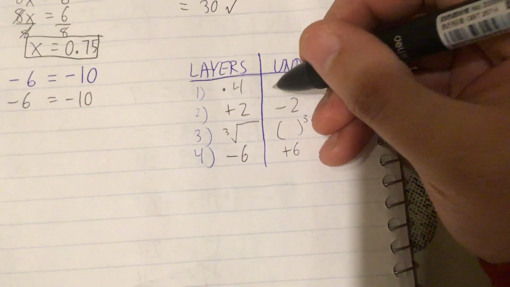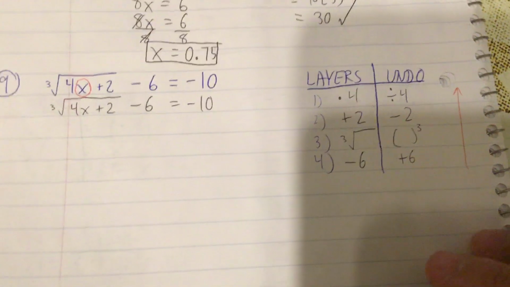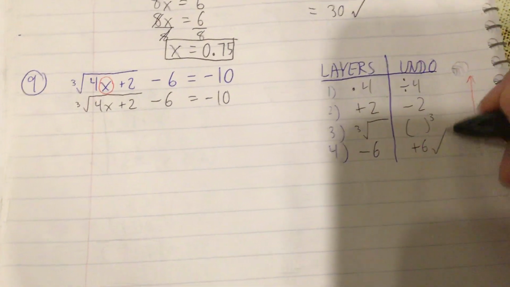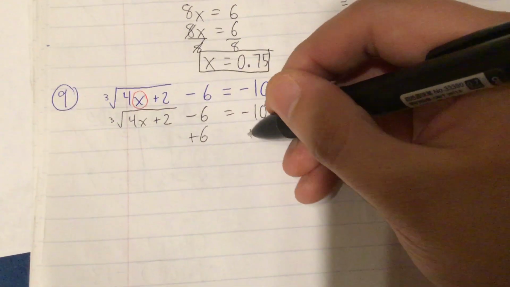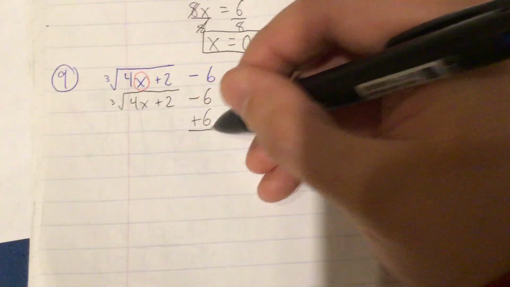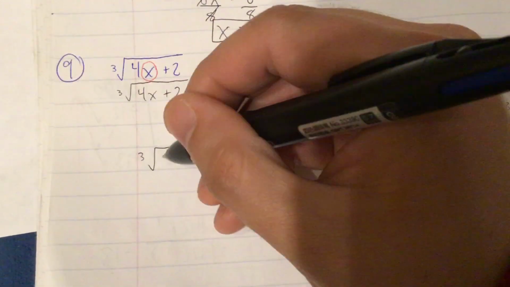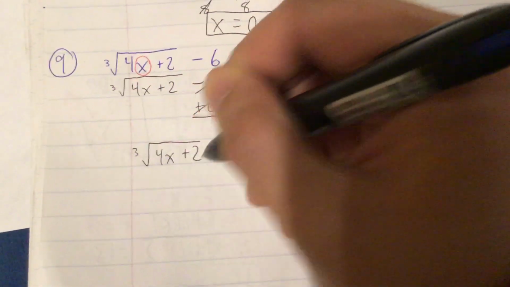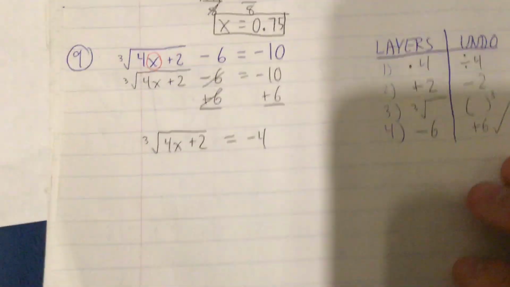Minus 2. Divide by 4. All right. I'm going to add 6 to both sides. And that gets me the cube root of 4x plus 2 is equal to negative 4.